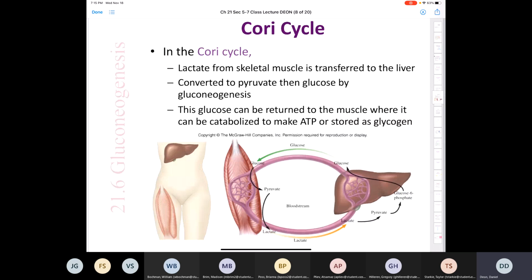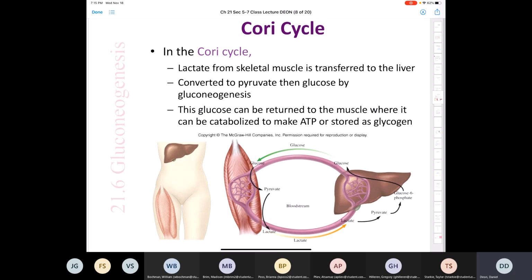The Cori cycle, I don't think I've ever asked any questions directly about the Cori cycle, maybe a very simple question. But if you think about the lactate in skeletal muscle from anaerobic metabolism, okay, so from fermentation, that lactate is going to get transferred into the liver, okay?